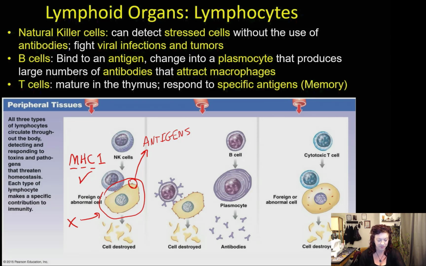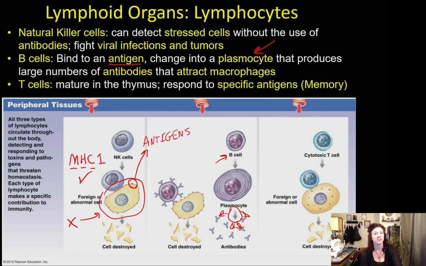B cells, remember, these are your antibody producers. They are going to bind to an antigen, okay, and then, based on the characteristics of that antigen, they're going to start creating massive numbers of antibodies. First, the B cell changes into something called a plasmacyte.